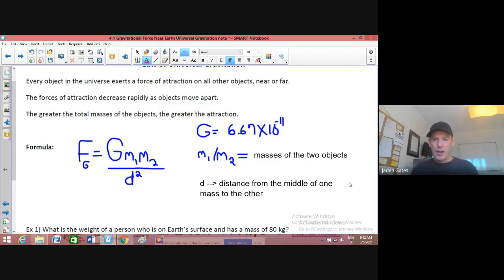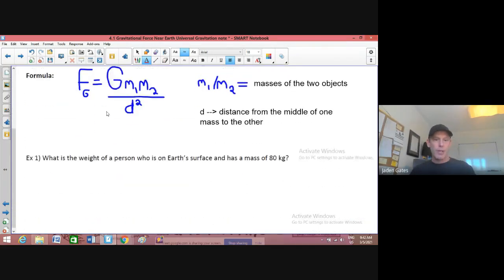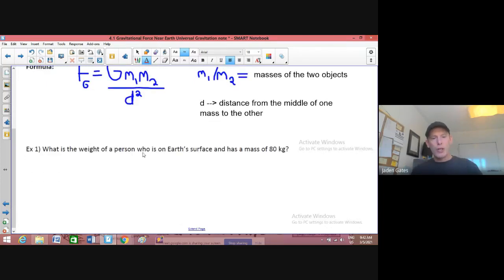All right, now, how does this formula come into play? Well, let's check this out. So this comes back to what we just did. What is the weight of a person who is on Earth's surface, who has a mass of 80 kilograms? Well, we already figured that out. Now, here's the key difference: it's right on Earth's surface.